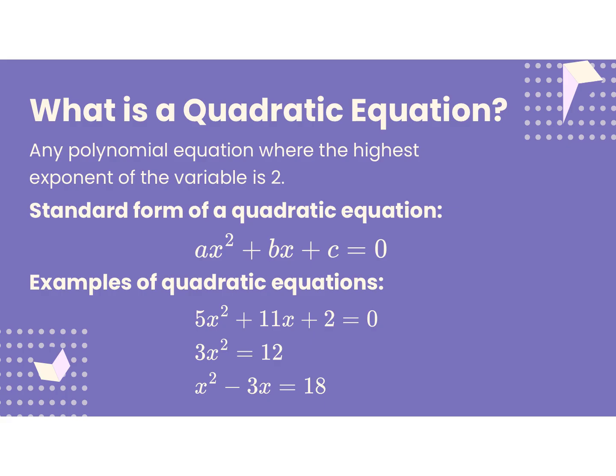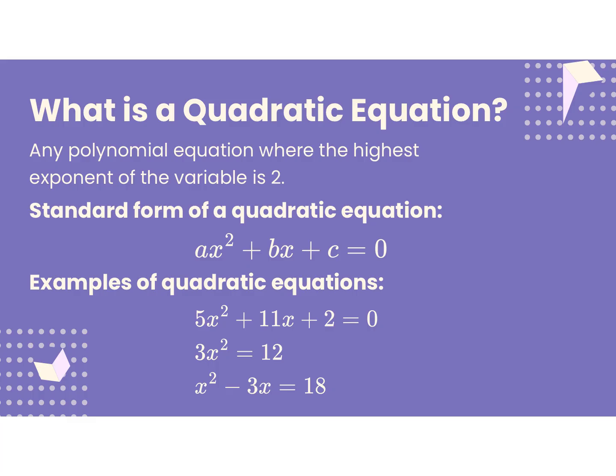You probably heard about these in Algebra 1, but it is just any polynomial equation where the highest exponent of the variable is 2. For example, something like ax squared plus bx plus c equals 0 is a quadratic equation in standard form.